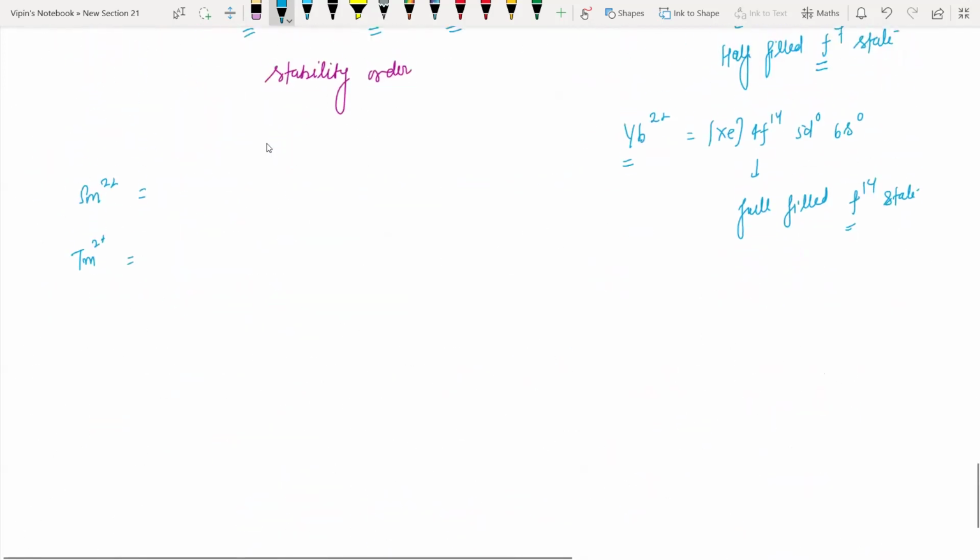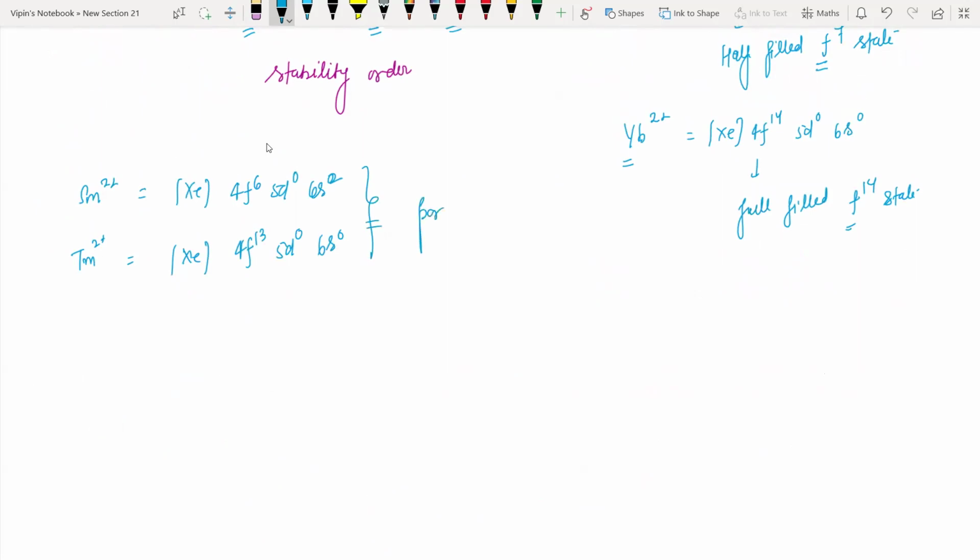So in samarium we have 4f6, 5d0, 6s0. Here we have 4f13, 5d0, and 6s0. So they have partly filled configurations, hence less stable.